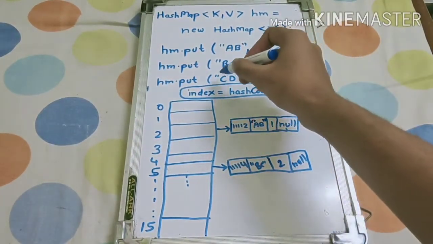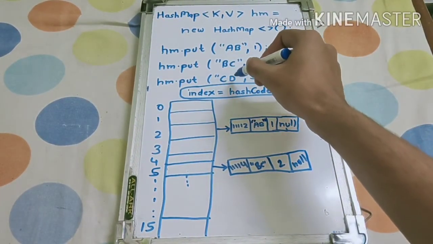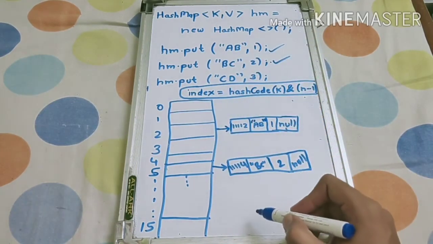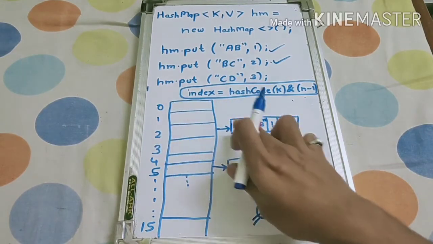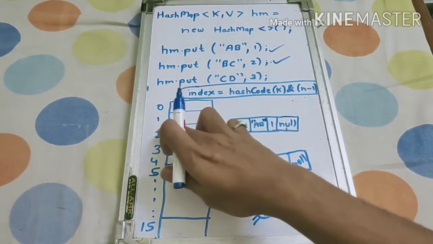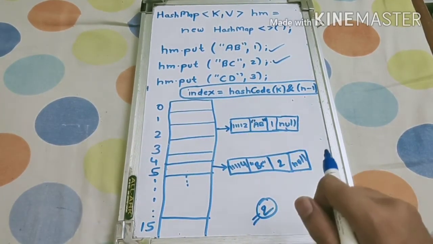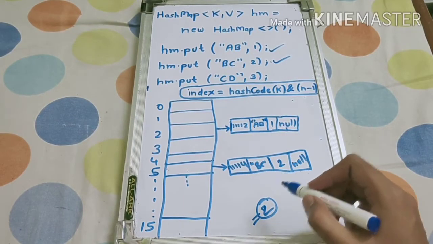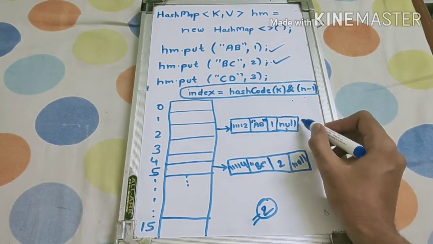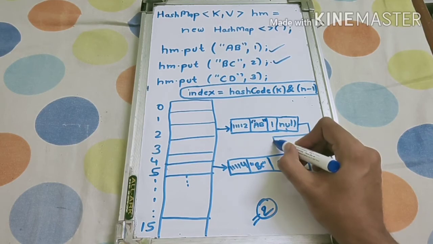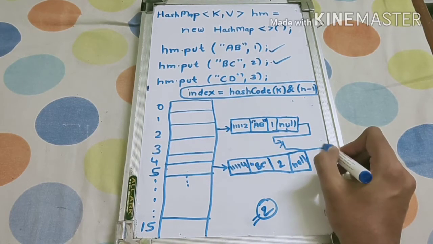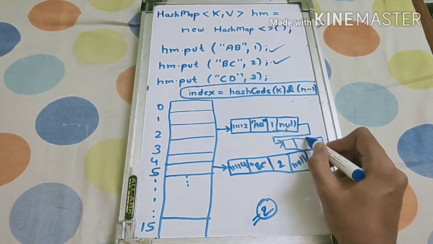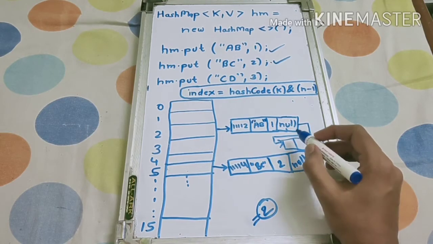Now we have to insert the third element. Let's assume that after calculating the hash code of CD, it gives us index value 2 again. But we already have a node present at index 2. Then how will it attach? The answer is, as a linked list can get attached, it will attach this new third node to this one.